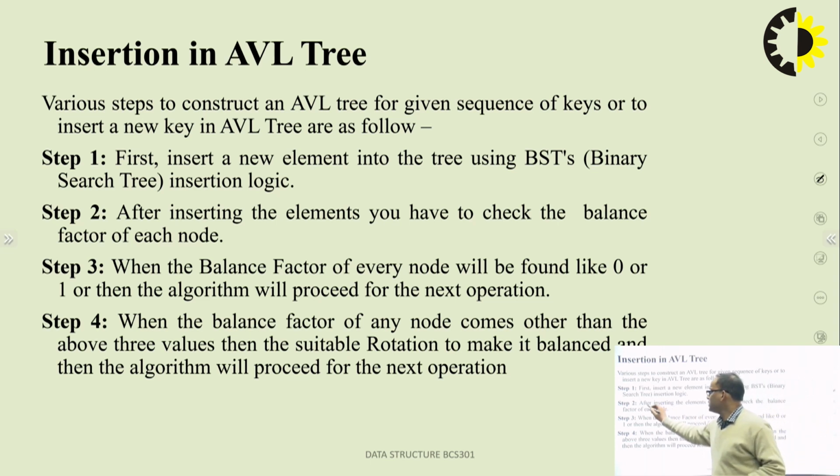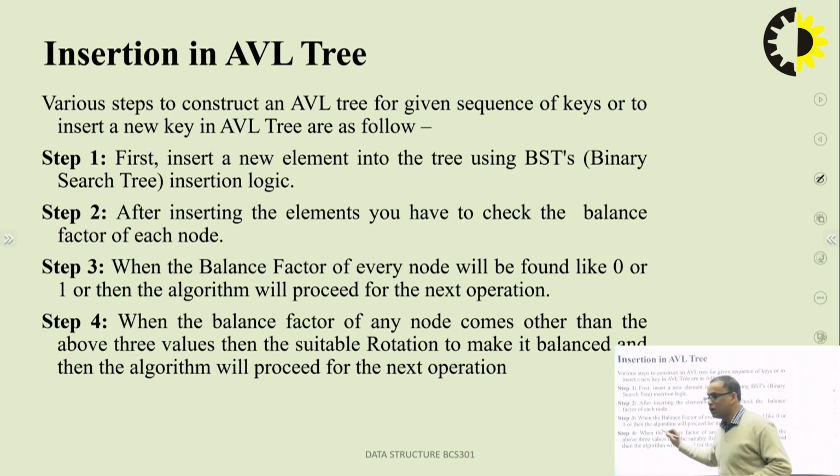In step 2, after inserting the new node, we will update the balance factor of each node in the AVL tree. Step 3, when the balance factor of every node after insertion is 0, 1 or -1, then the tree is balanced. We will simply proceed to insert the next node. There is no need to balance if the balance factor of each node is 0, 1 or -1.